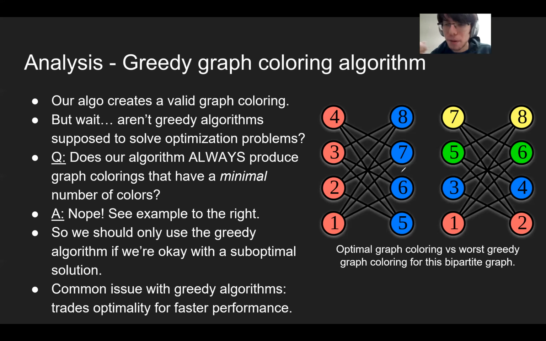So for the greedy, the upper bound on the number of colors you're going to use is the largest degree of any vertex plus 1, because it needs a color itself. But of course, you're going to color all of its neighbors different colors as well. If you think about the way we approach the greedy, it's the maximum degree of any vertex plus 1.